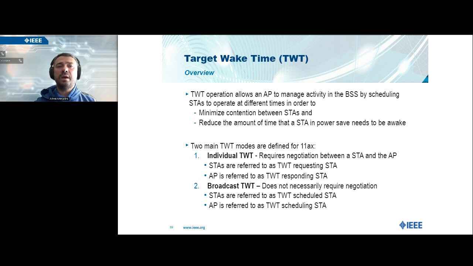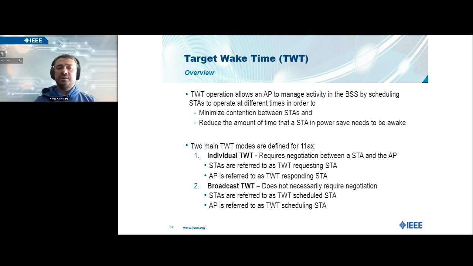We have inherited the individual TWT from 11ah and enhanced it in several ways, and additionally defined the broadcast TWT mode as well. From an overall perspective, the individual TWT is a mode that requires negotiation between the station and the access point, and we refer to the stations as TWT requesting stations and the access point as TWT responding station.